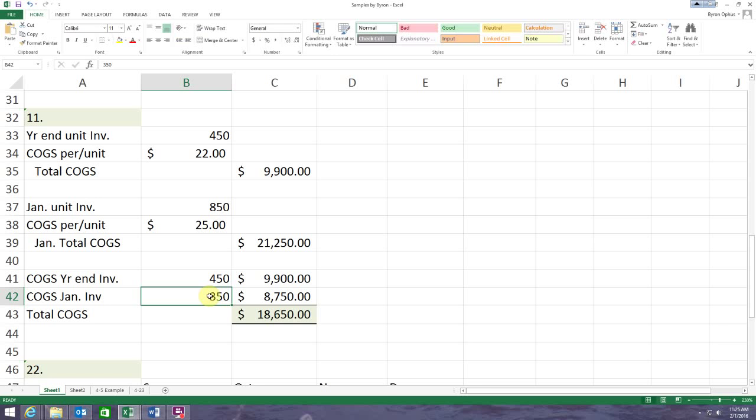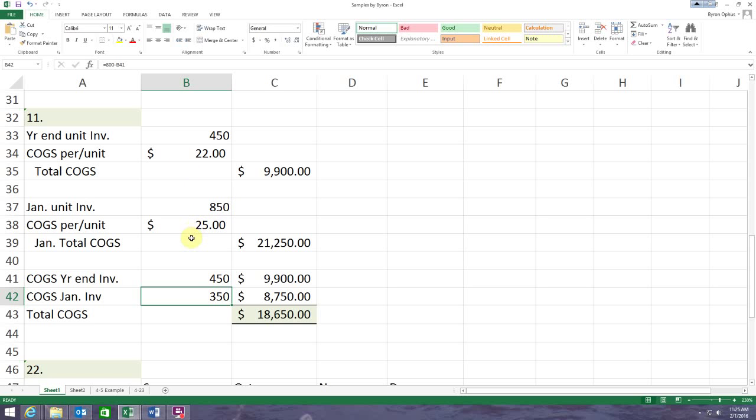This 350 that I have there is actually equal to the 800 units that I need minus what I had at the end of the year, right? So I'm going to use 350 of these 500 because I'm first in, first out.